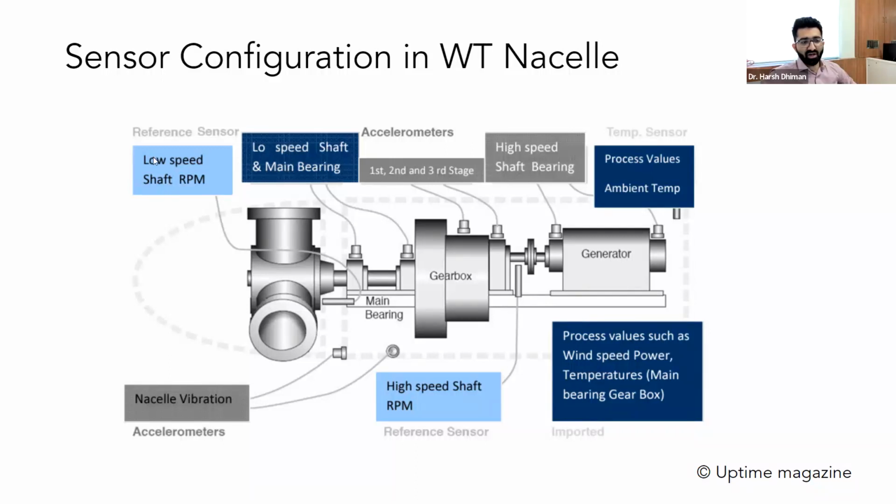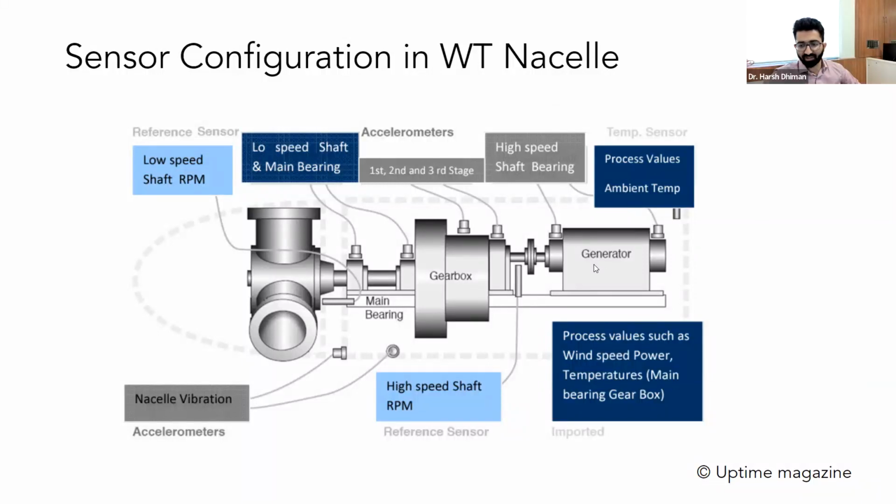As you can see, there are a lot of sensors. There's an accelerometer which measures the vibration. Vibration is measured in different stages. You have the low speed bearing, the high speed bearing, then the vibrations on the bearing shaft, and on the gearbox bearing as well. Then you can measure process values like the ambient temperature surrounding the generator and gearbox.